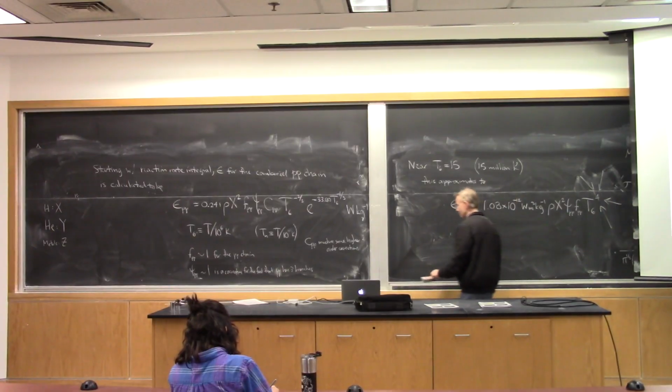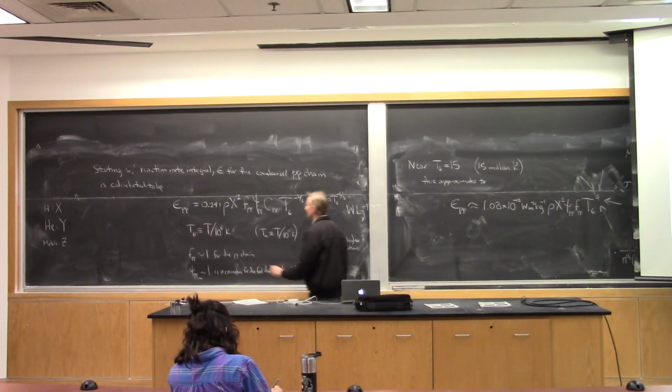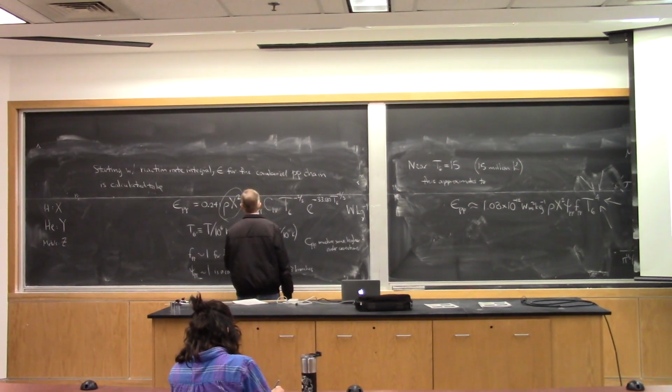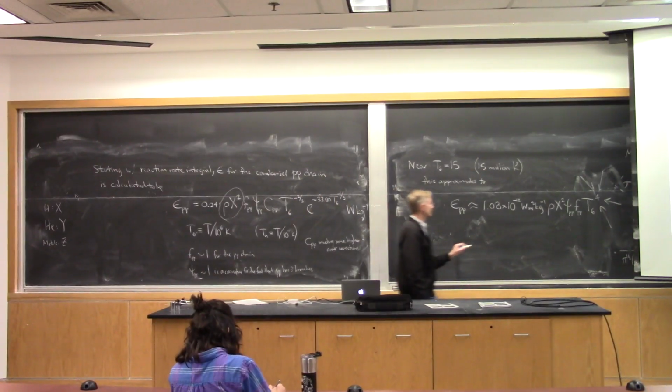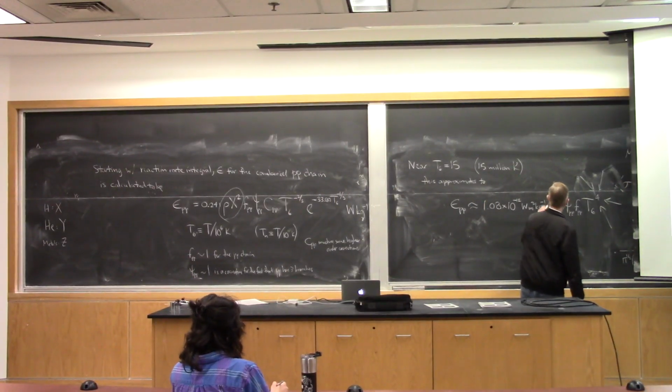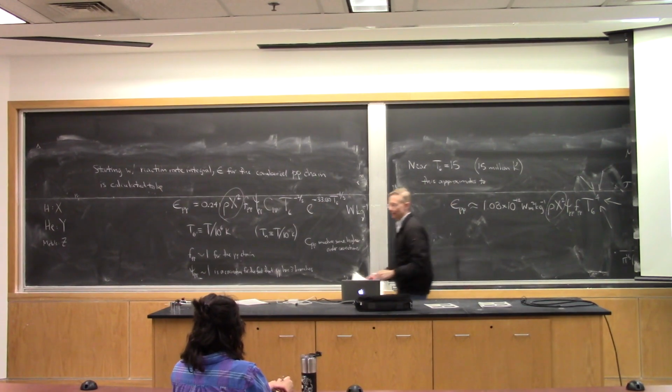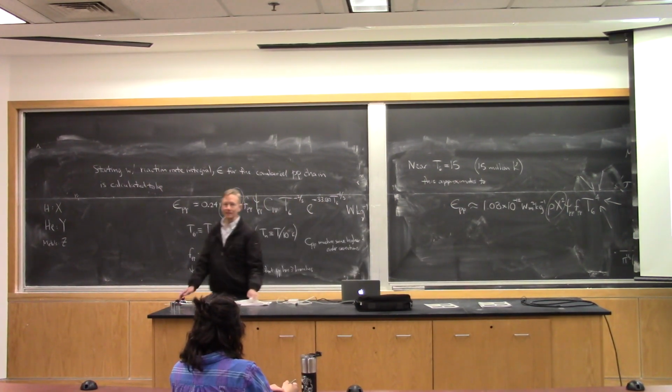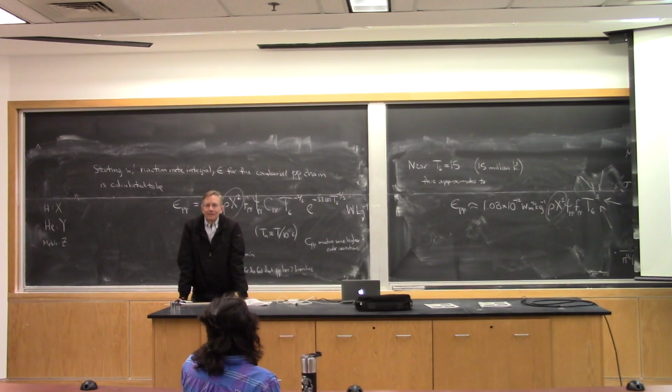So, a couple things. Got rho X squared right there. Why is it rho times X squared? What is X?